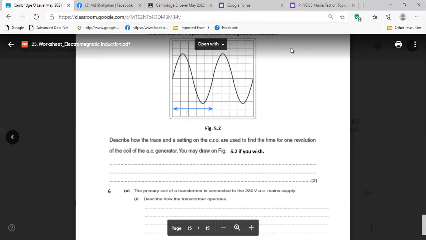So this one is done, right? What did you write? Sir, I wrote that the AC generator produces positive EMF and then negative EMF, and then again positive. From the starting of the graph to the starting of the second wave is one complete revolution, so that is why I drew it.